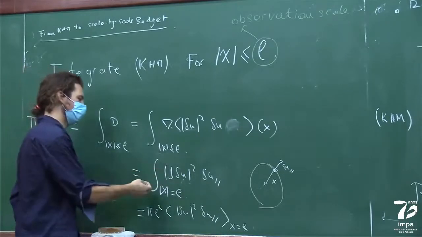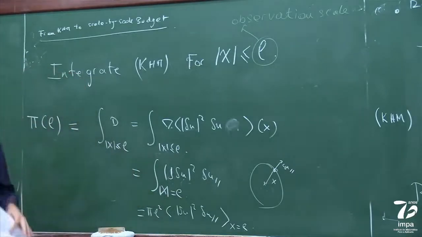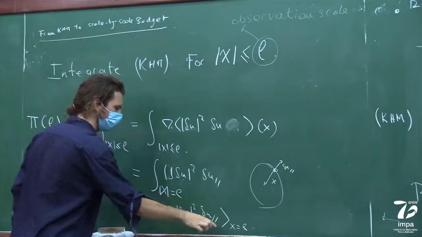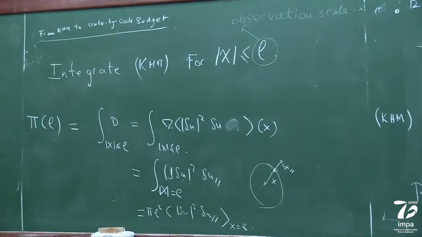Here I have an integral, so I divide it by the surface of the sphere, and I multiply by the surface of the sphere, so like this I express it as an average with respect to the surface.